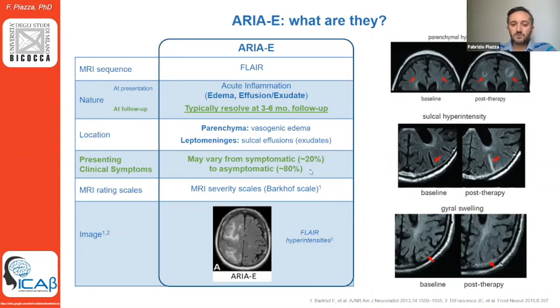Even if we will see that up to 55% of patients develop these adverse events during the treatment with monoclonal antibodies against beta amyloid.